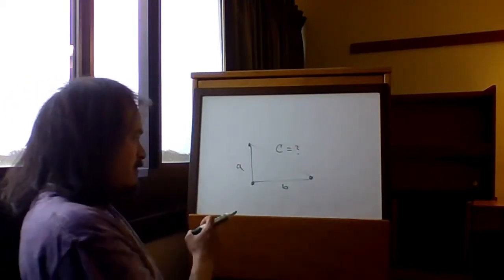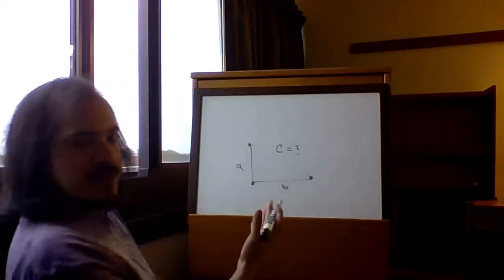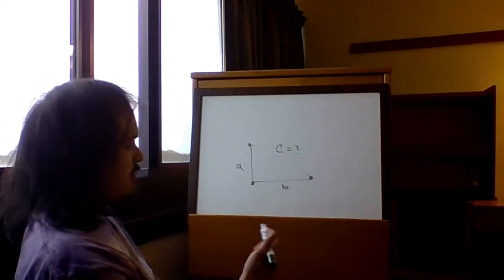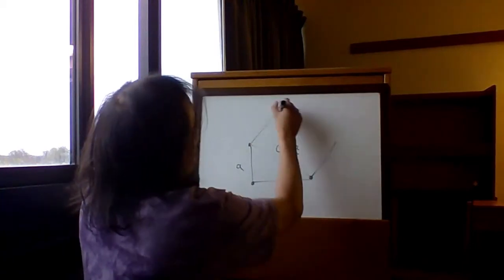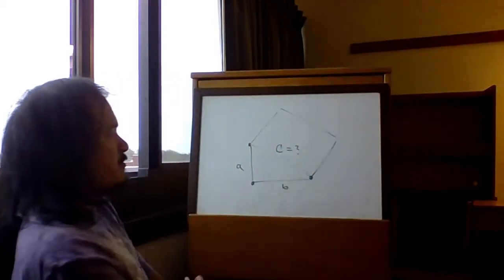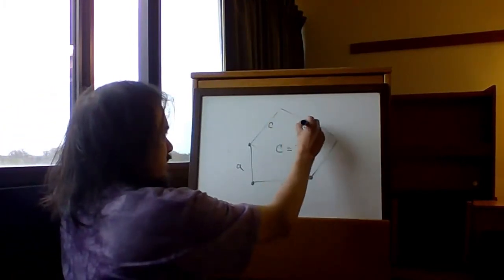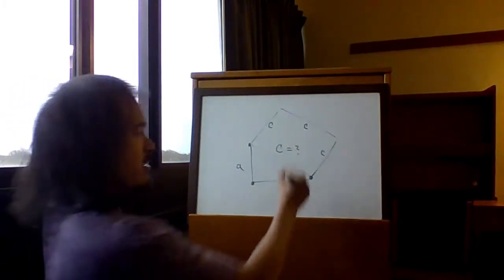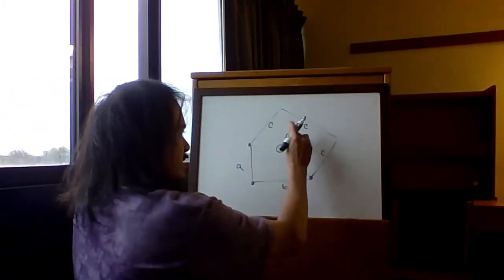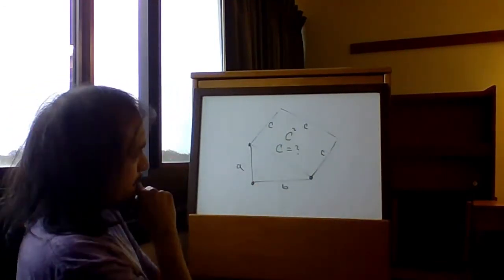Right, so a good way of doing this, or a systematic way of approaching this, is by making a square, where each side, obviously, is C. So the actual square is, you guessed it, C squared.